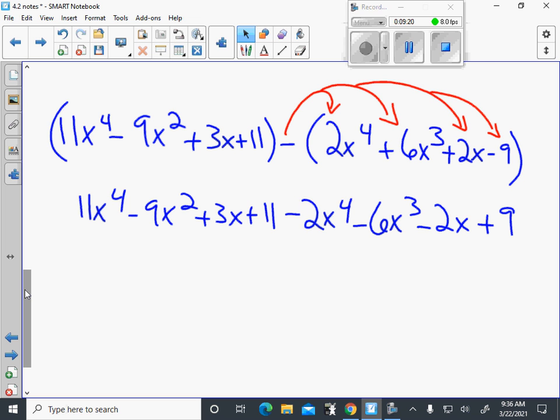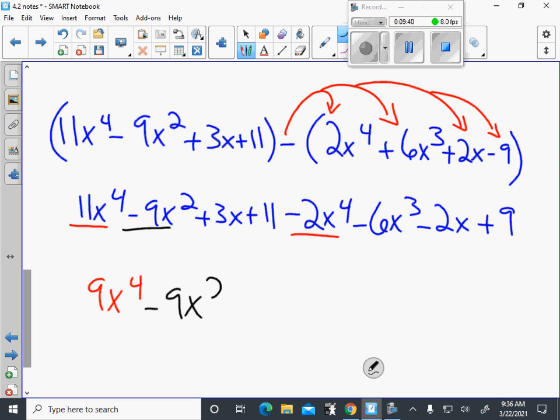Now, combine like terms. 11x to the fourth minus 2x to the fourth. What is that? That is 9x to the fourth. Minus 9 to the second power. Nothing changes, right? Okay. How about a positive 3x minus 2x?